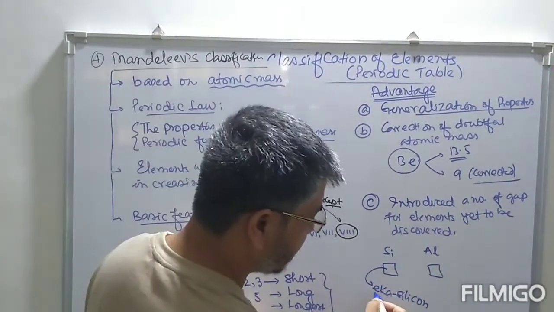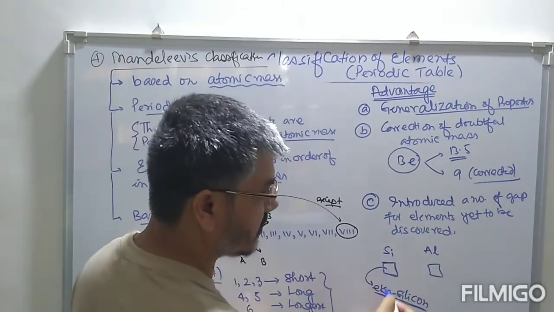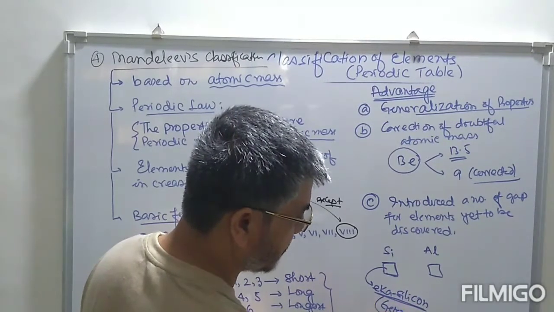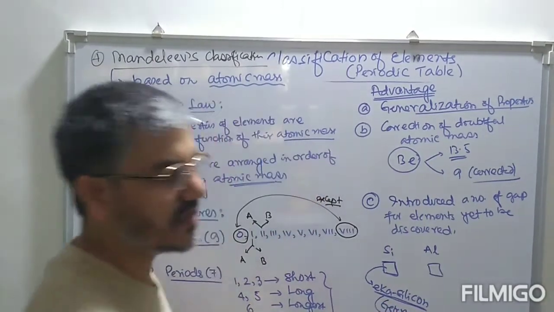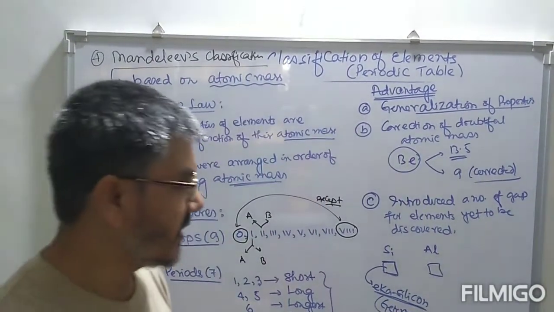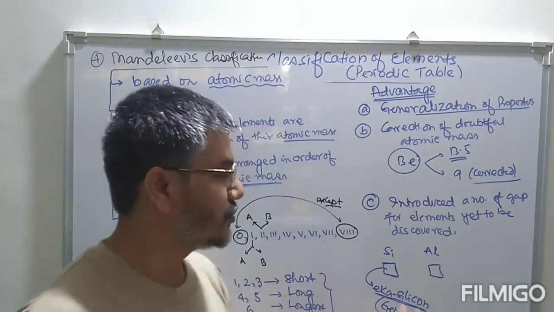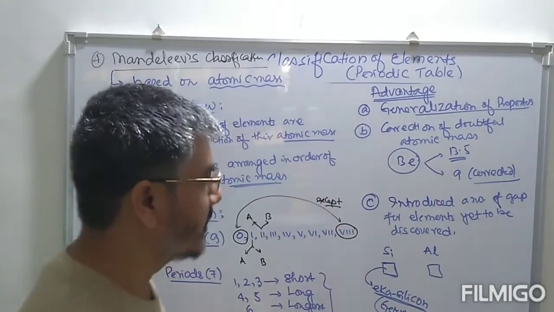So he predicted all the properties of this element placed next to silicon, and later on Eka silicon was found to be germanium. So he said Eka silicon, that is germanium, should have properties similar to the element silicon.